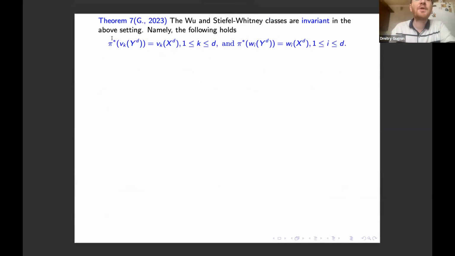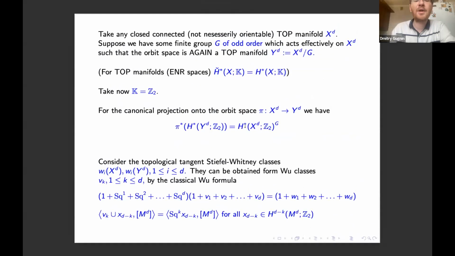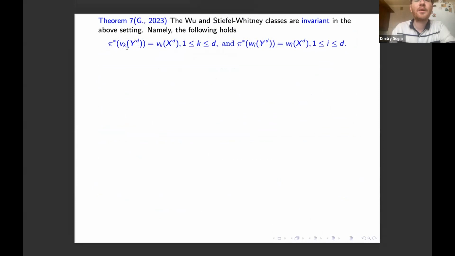This map is not only a monomorphism such that its image is a subalgebra of invariants, it maps the Wu and Stiefel-Whitney classes to the Wu and Stiefel-Whitney classes of X. So the Wu classes and Stiefel-Whitney classes are mapped to them.